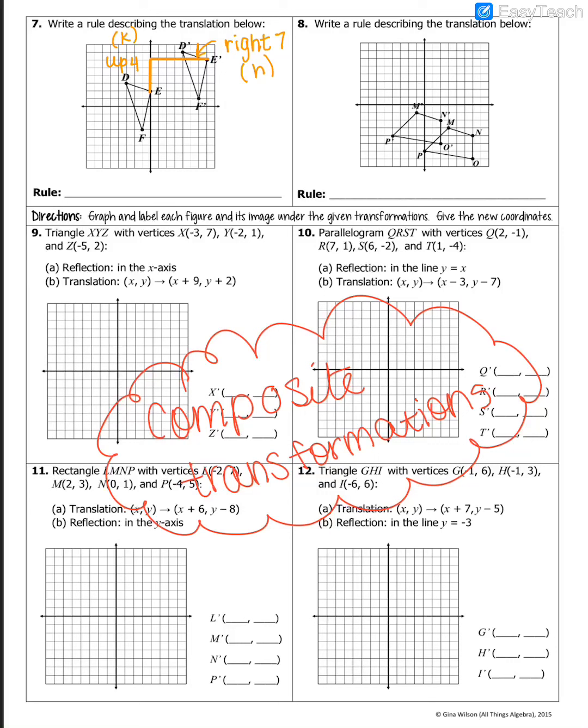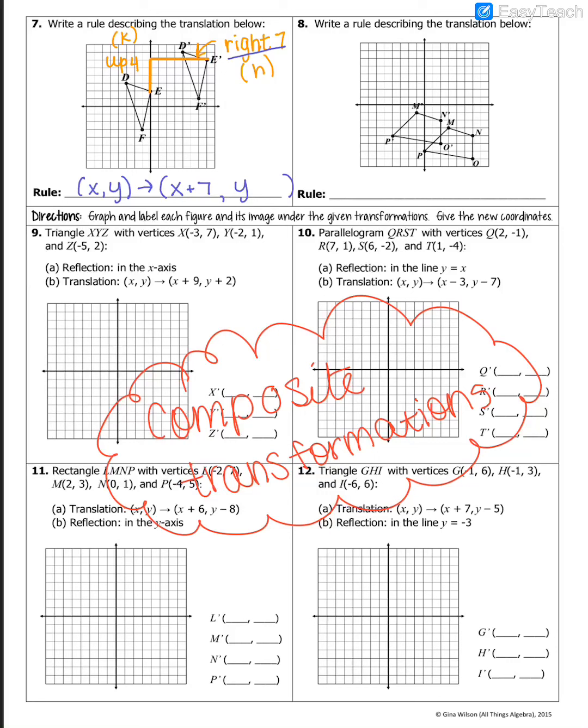So we're going to write our rule. We did X, Y, and then an arrow. And then we're going to have X plus or minus a number, and then Y plus or minus a number. So for X, we're going to focus on this. We went right 7, so it would be plus 7, because as long as we are moving right, it's positive.